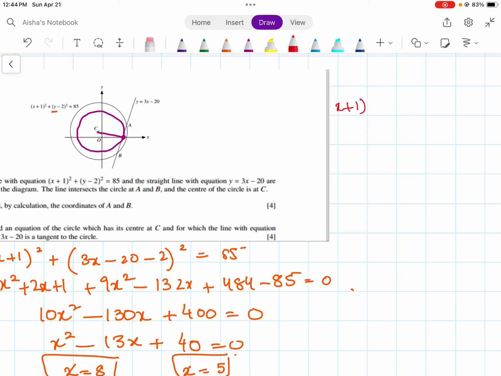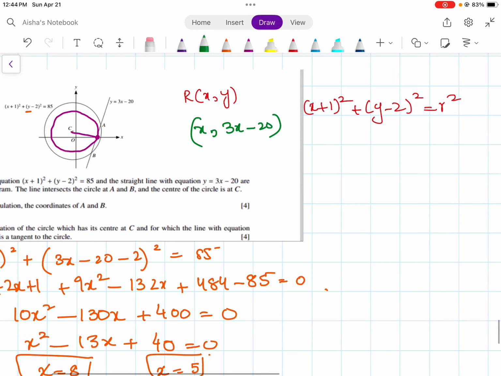So this is x plus 1 the whole square plus y minus 2 the whole square equals to r square. We don't know the radius of it. And this r point is x comma y, which lies on the line. So r is basically x comma 3x minus 20. Okay, you know the gradient is 3.